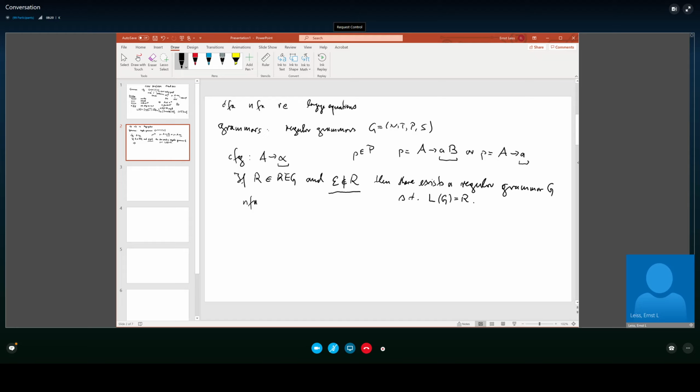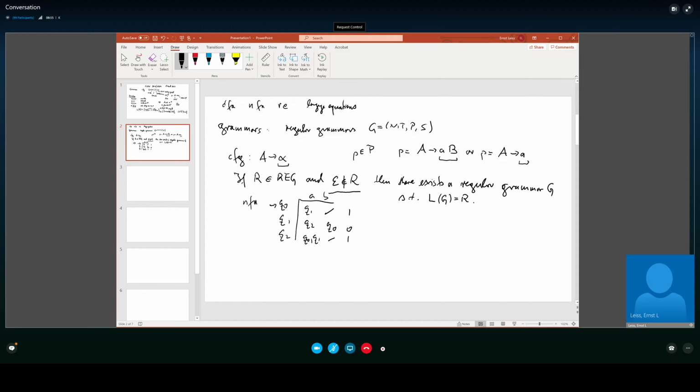Suppose we have Q0, Q1, Q2, with transitions on a and b: Q1, Q2, Q0, Q1, and nothing, Q0, nothing, and 1, 0, 1. So suppose this is an NFA we're given.